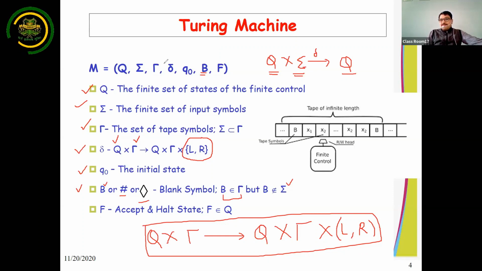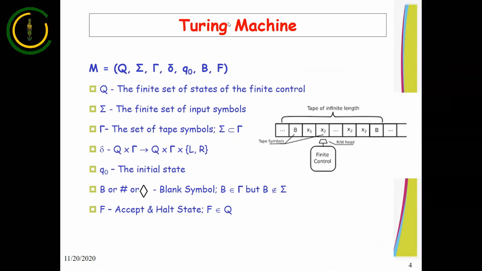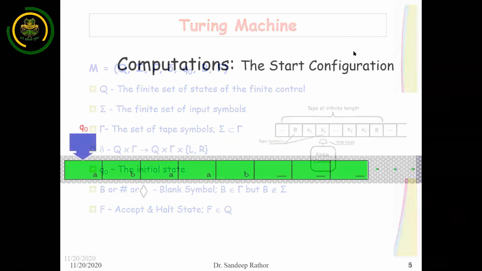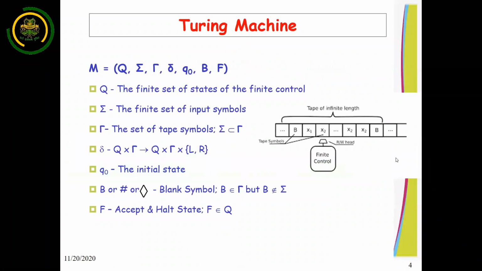So this is the simple representation of a Turing machine through tuples, and this is the simple representation, or model diagram, of the Turing machine. If you have any doubt or confusion, please let me know. We will discuss another part, the construction part, how it works easily after this computation.